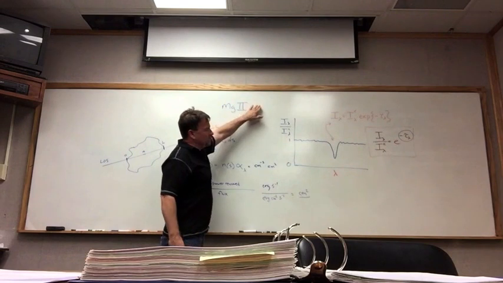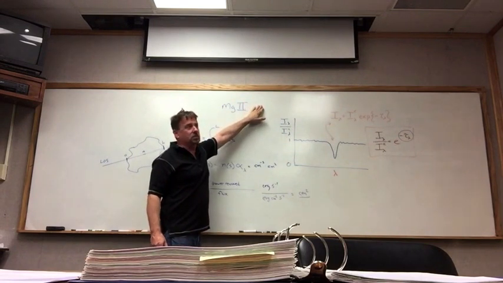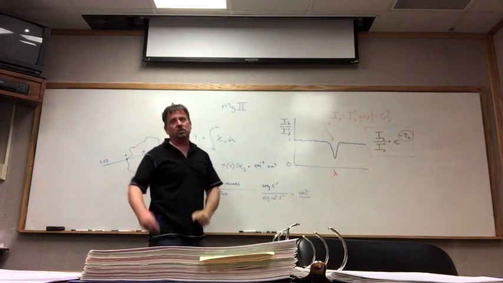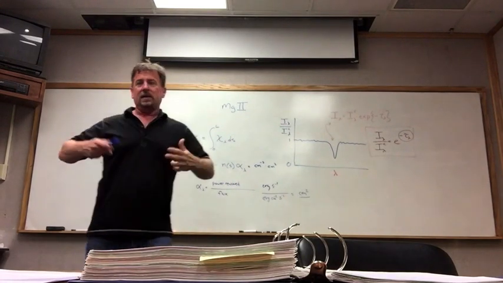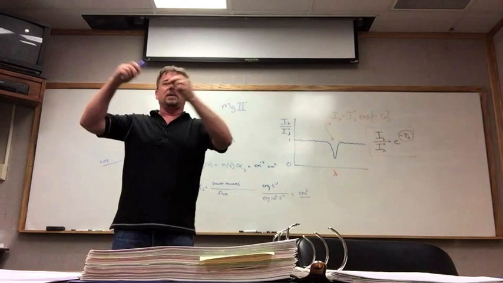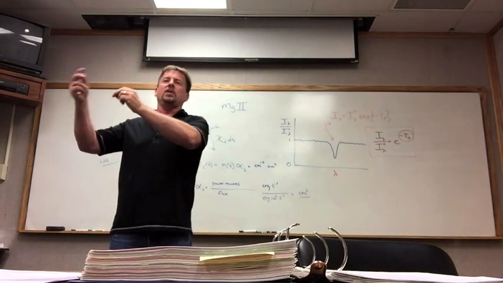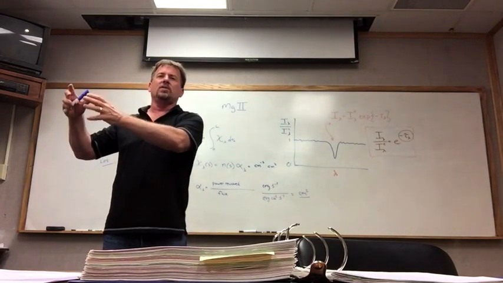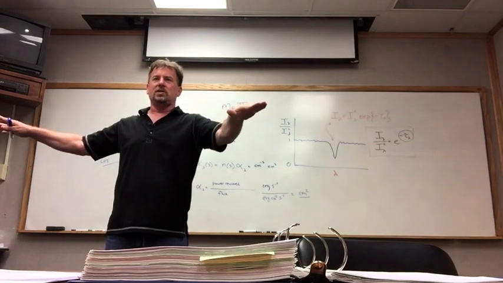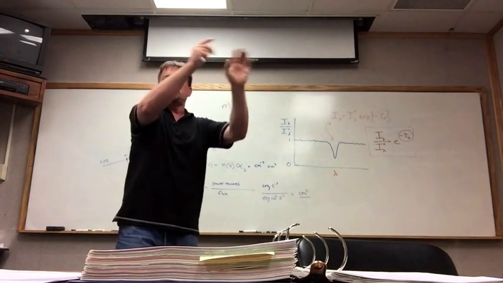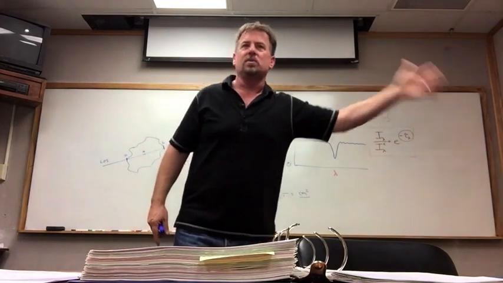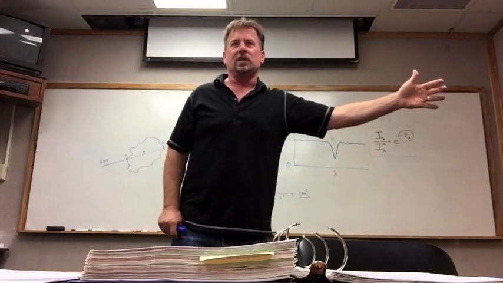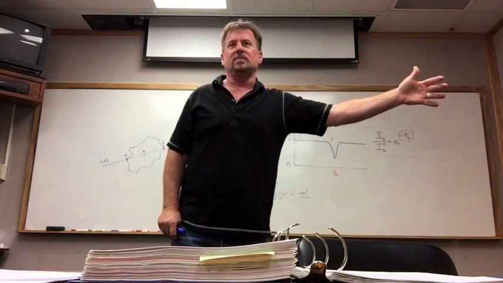There is a certain transition at around 3,000 angstroms that comes from magnesium 2, very famous. It's a doublet, actually. But it only comes from magnesium that's been singly ionized, and the electrons that are left over are in the ground state. That's it. So when you look at that absorption line in the spectrum, that's the only thing you can study with that absorption line: singly ionized magnesium in the ground state.